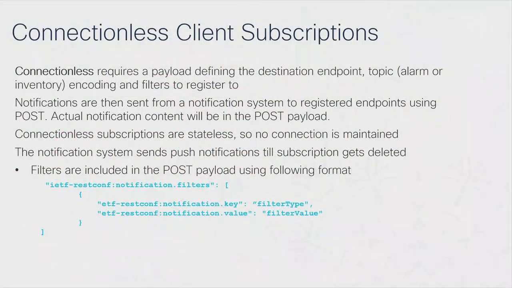On the other hand, when you do connectionless notifications, the session is kept on, and the system will stream notifications until a specific delete command has been issued. So there is a list of, let's say, life cycle commands for the subscription, where you can monitor, you can delete, and so on.